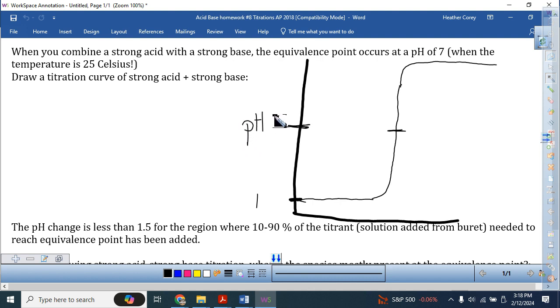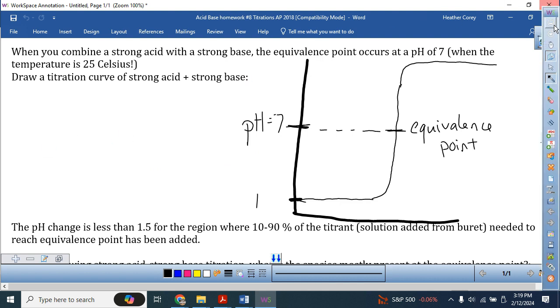If we're doing a strong acid and strong base, that equivalence point is at a pH of 7.